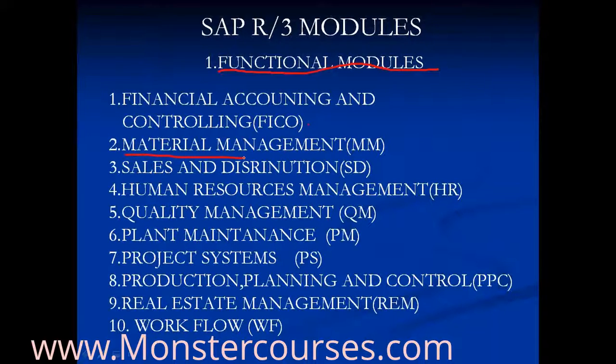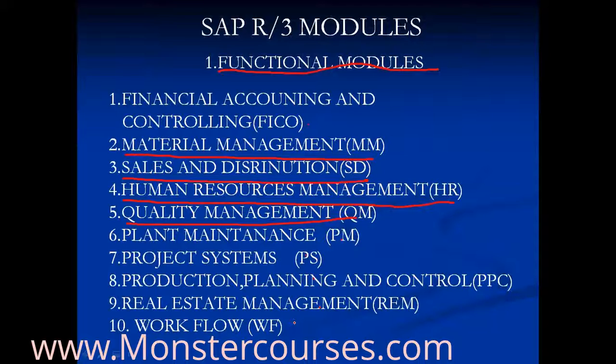Then we have materials management, MM. Then sales and distribution, SD. Then human resources management, HR. Then quality management, QM. Then PM, plant maintenance. Then project systems, production planning and control, PPC, real estate management. Then workflow. So these are the functional modules in the SAP R3 product.